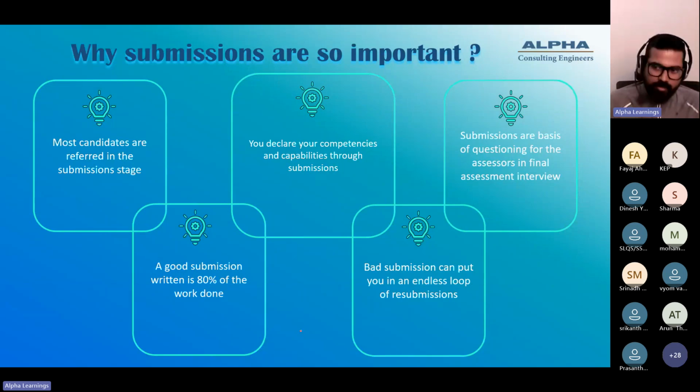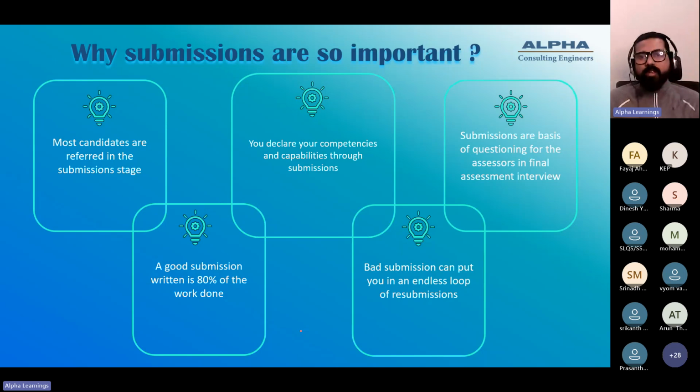When we are making a final judgment on whether the candidate is suitable for MRICS, to get the membership or not, it's not only based on the final day's performance or the question and answers.